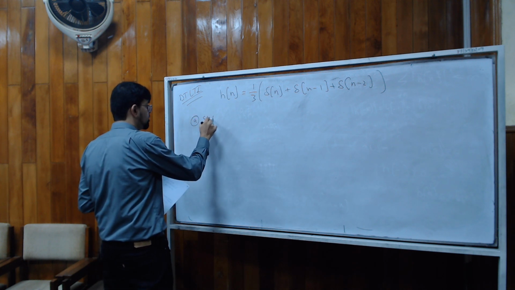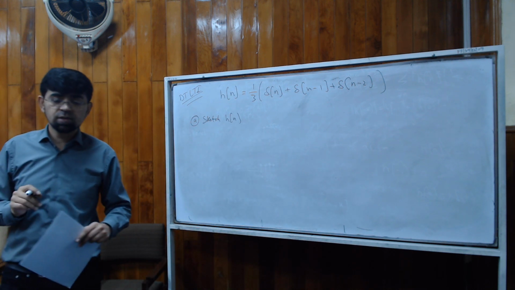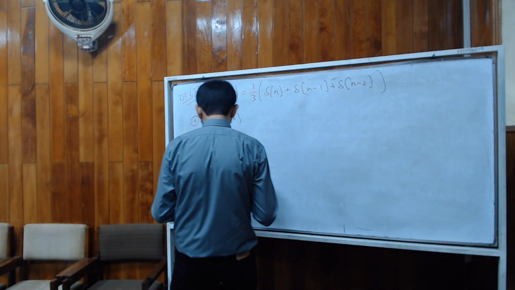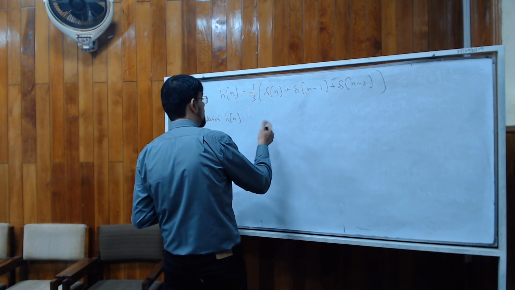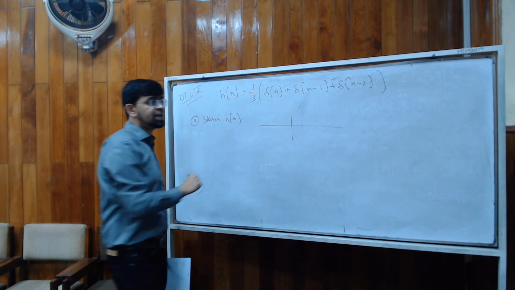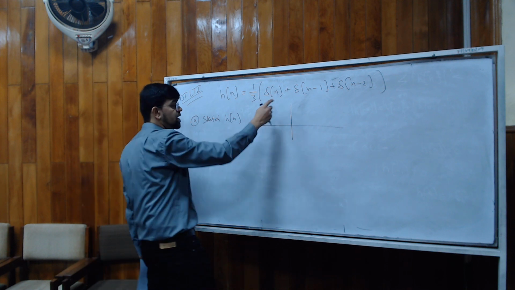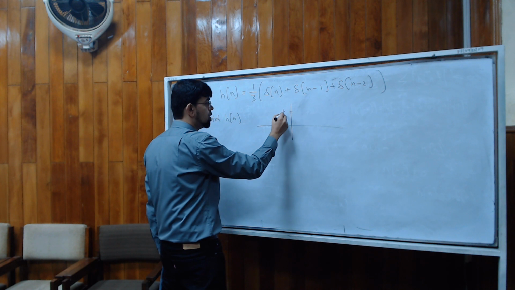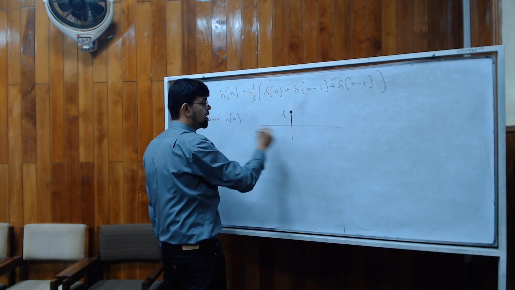So sketch h[n]. As I said, even if you're not asked to sketch it, it's a good idea to do that because visually there is a lot of information in there. So let's do that first. What is the sketch here? By now you should know that delta[n] equals 1 at n equals 0. So this delta[n] contributes a 1, but then it's multiplied by 1/3. So it's a unit sample here at n equal to 0.